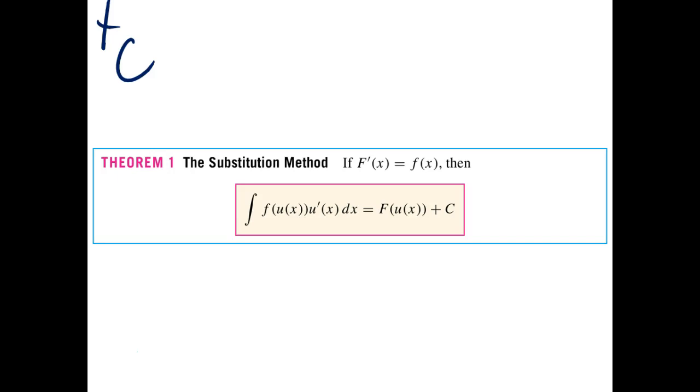The derivative of capital F is little f, and the antiderivative of little f is capital F. So if you're integrating f of u of x times u prime of x, then the antiderivative is capital F of u of x plus c.